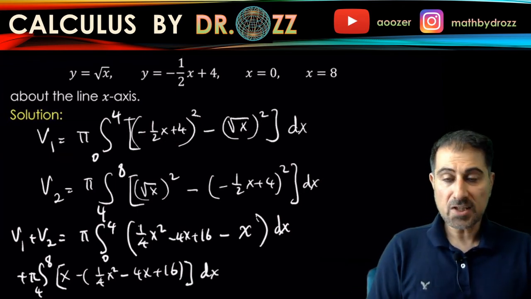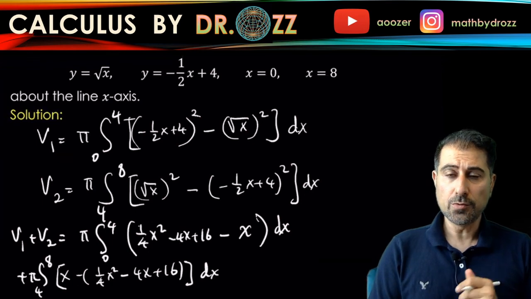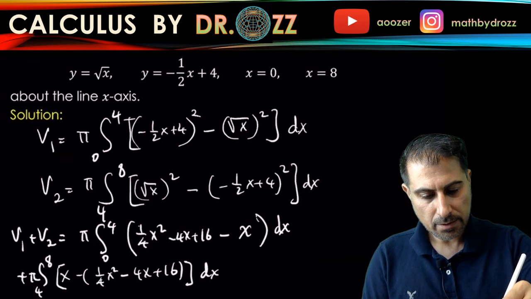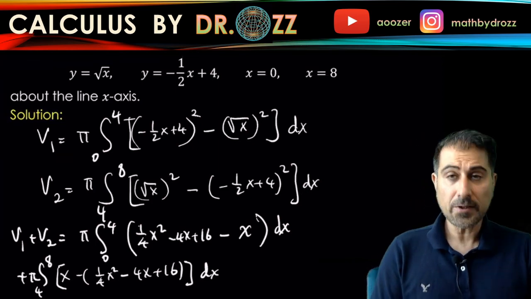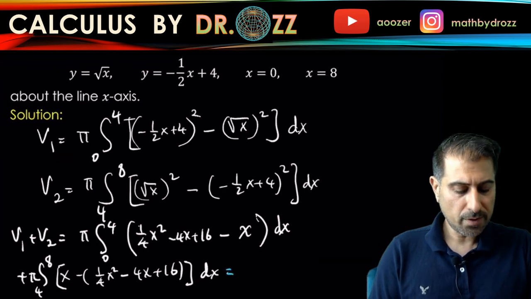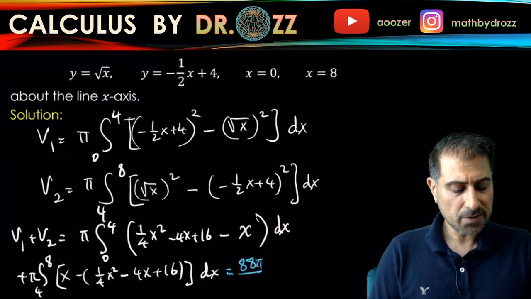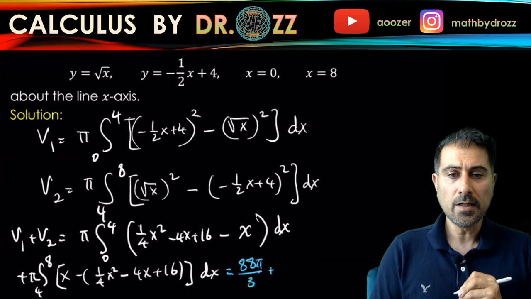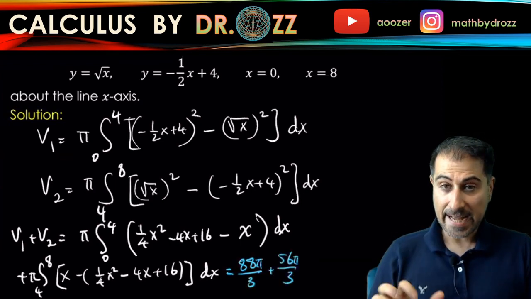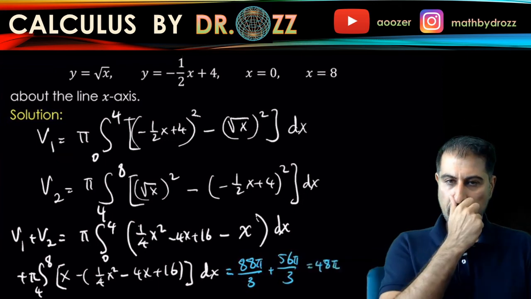All right, at this moment, I'm going to let you do the calculations, okay? And I'm just going to write down the result of these two definite integrals. The first one is 88 pi over 3, and the other one is 56 pi over 3. That adds up to 48 pi exactly, okay?